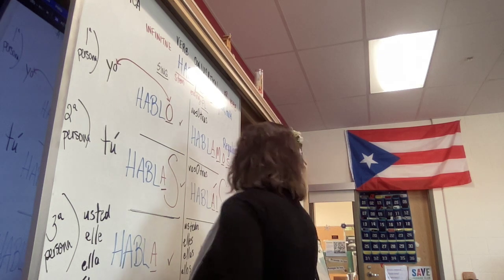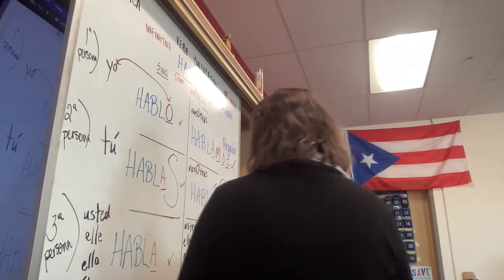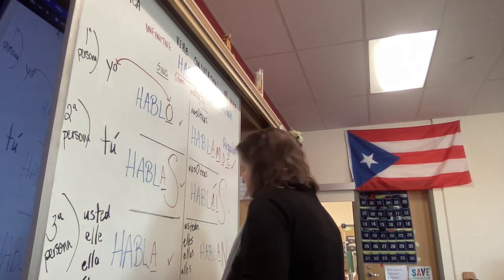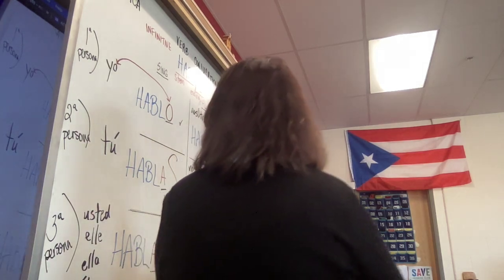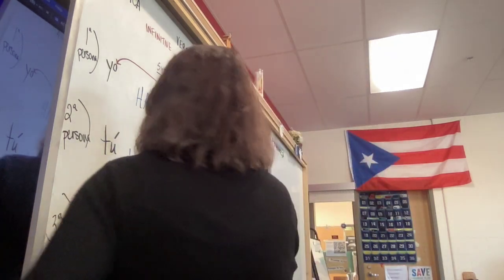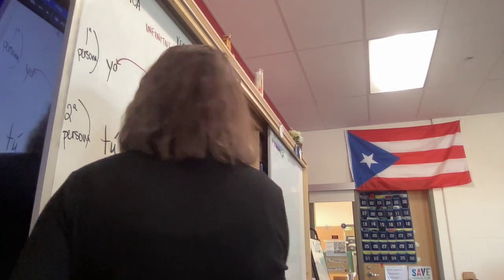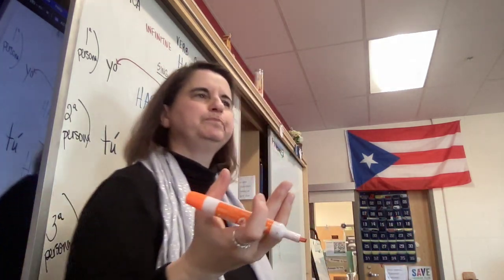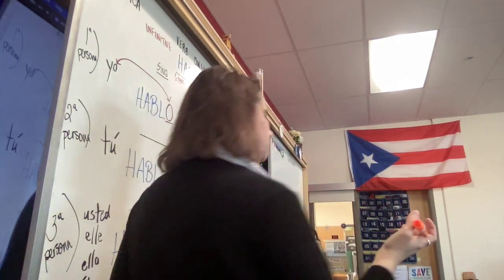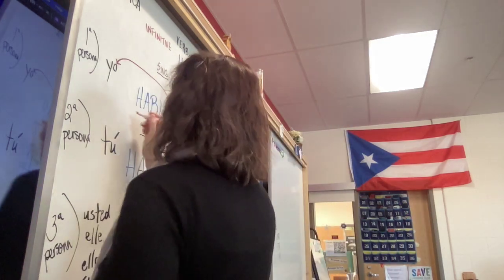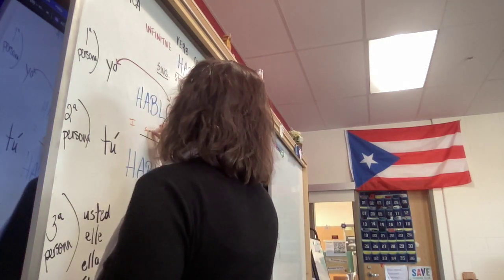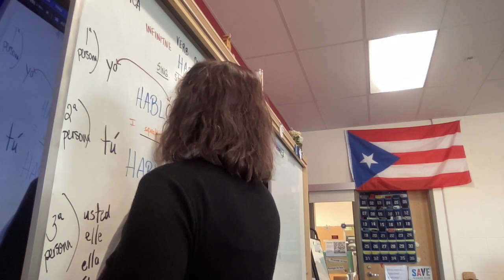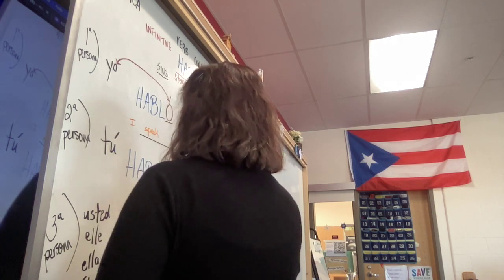So now we're done with all of these, and actually we can write in, if you have a third color, or you can use pencil, what they mean. So what does yo hablo mean? Who speaks? I speak. So I'm just going to write that in small letters because that's not as important to be learning.